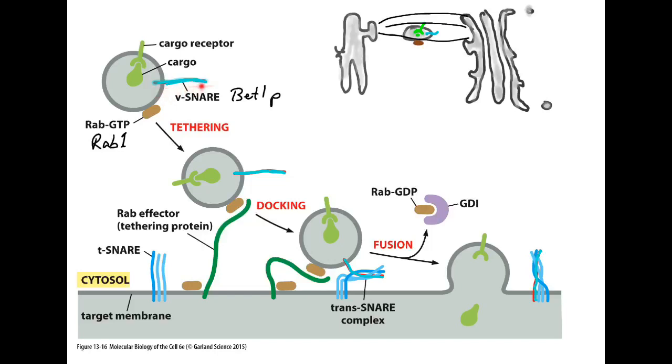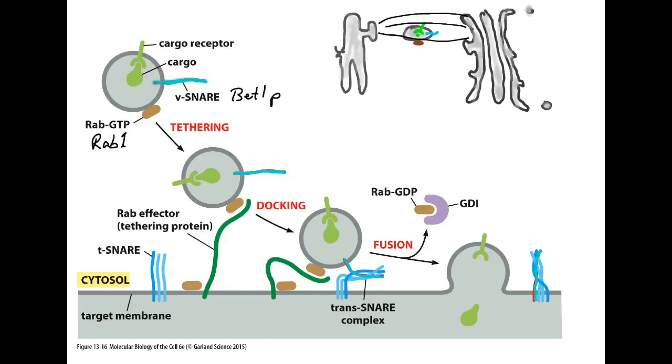So the snare has been uncovered as a result of the uncoating, and here's the cargo receptor. So the way RABs work is by specific pairing with proteins on the target membrane, which in this case will be the Golgi, but if you wanted to keep it generic, it could be wherever this vesicle is supposed to fuse. So this protein, the RAB effector, is the flip side to the specificity determined by RAB.